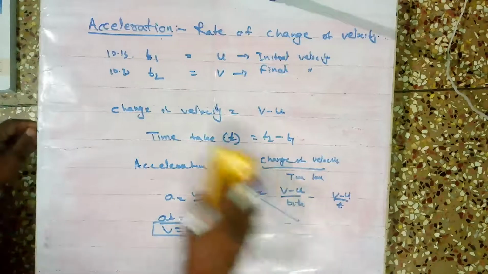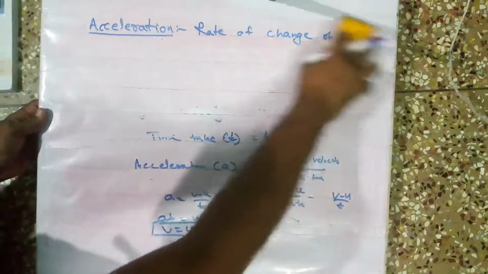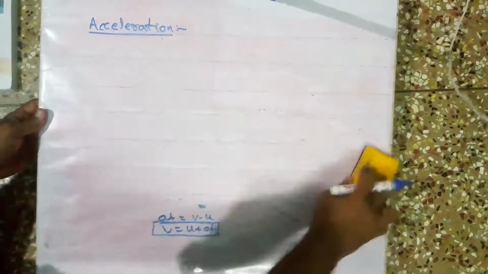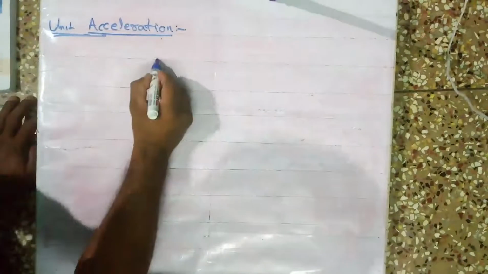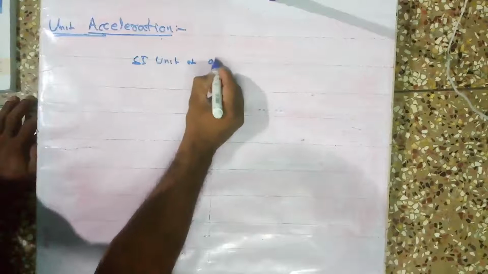Now, okay, good. Unit of acceleration. The SI unit first we will calculate. SI unit of a, meaning acceleration.